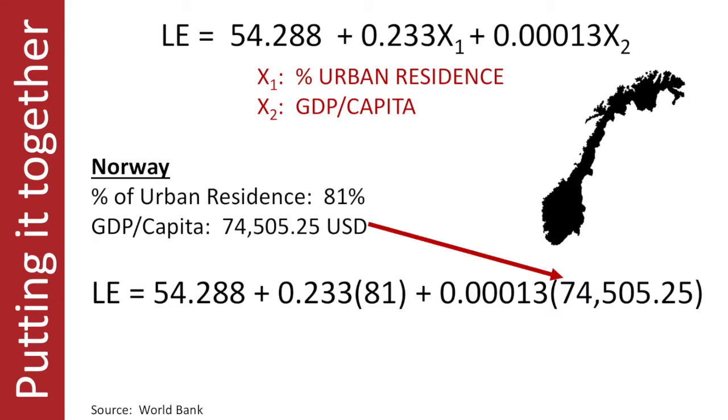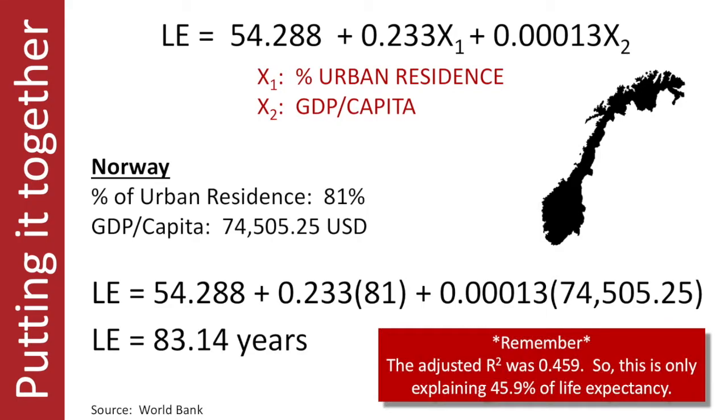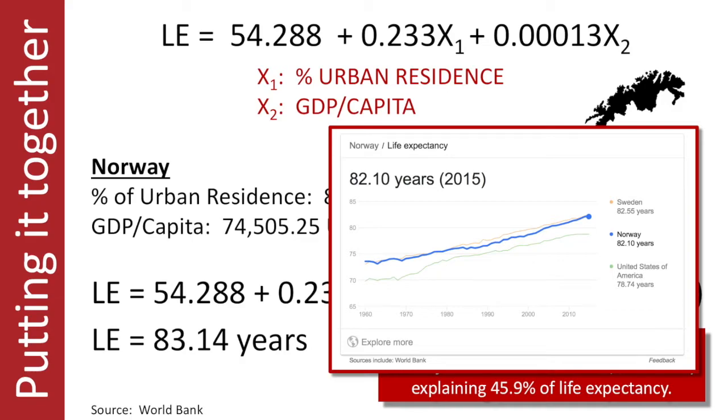So I just plug and chug with a calculator and I get the life expectancy in Norway to be about 83 years. But remember, the adjusted R-square was 0.459, so this is less than half the story. Still, I was curious about how close I got and looked up the actual life expectancy in Norway, and it is 82 years. Wow, I got pretty close.